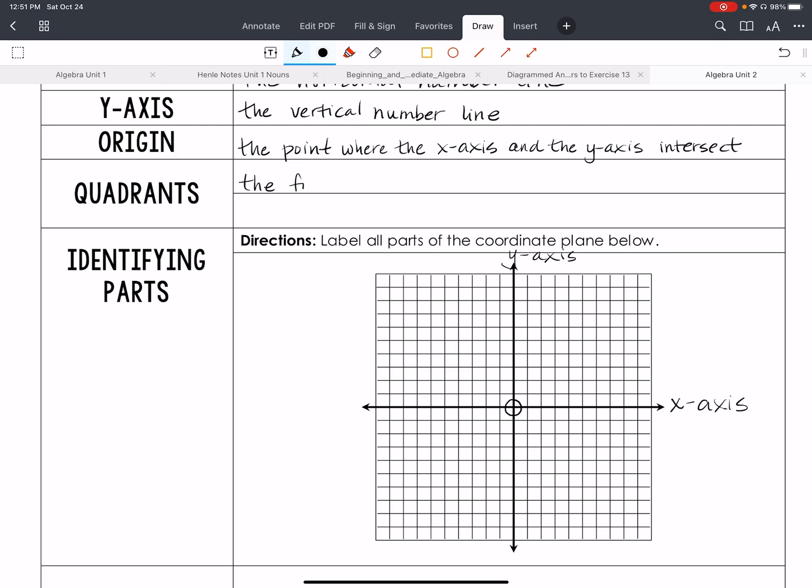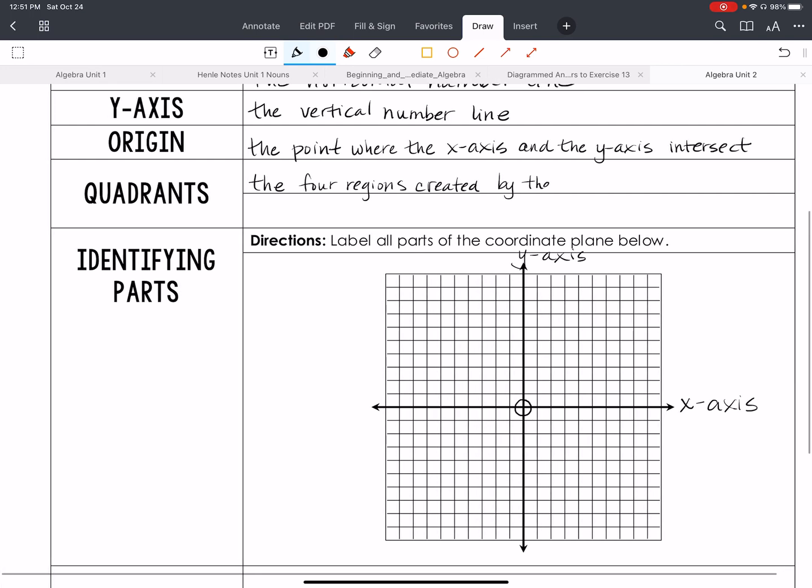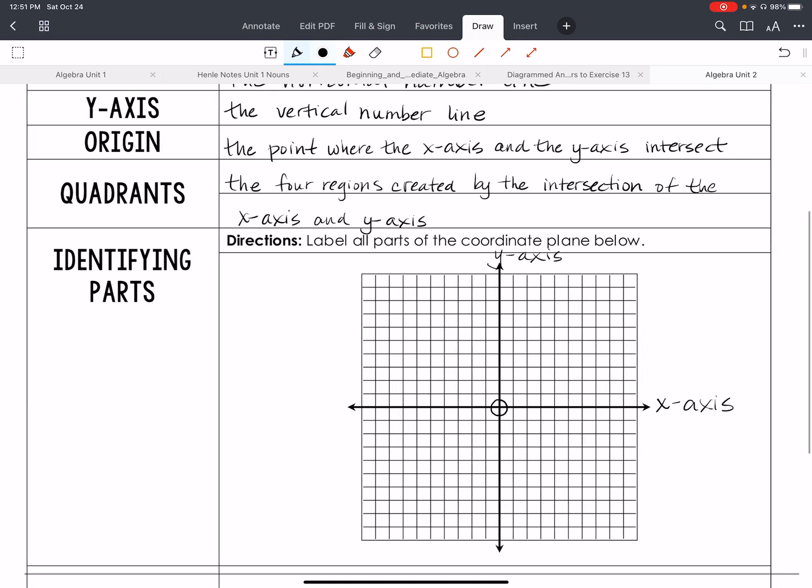So these are the 4 regions created by the intersection, remember that's the crossing, of the, practicing all our vocabulary, x-axis, our name for the x number line, and y-axis, our name for the y number line. So I already have y-axis, x-axis, and I have my origin mostly marked here. This is the origin.